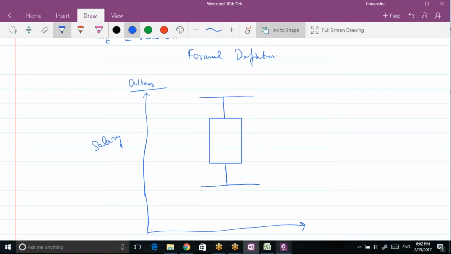Now let's understand this. The lower bottom of the box is your Q1. This is your Q3. And in between you have the median, which is Q2. Now these lines are called your whiskers.